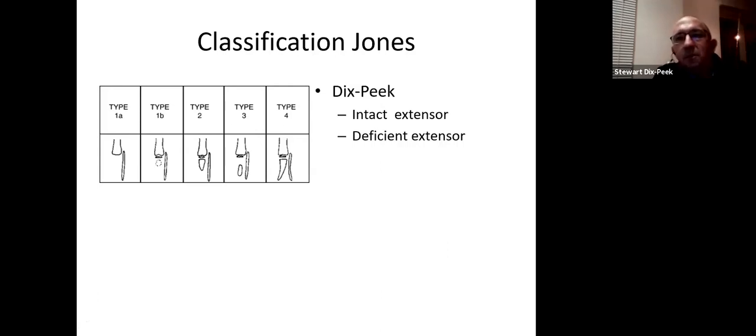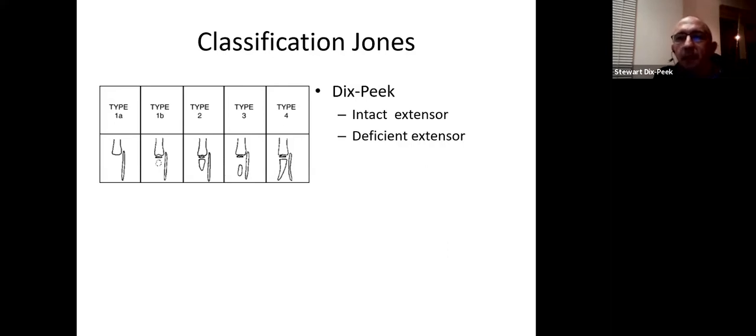And that starts to provide you a template for how we're going to treat this. Because if you do have an intact extensor mechanism, then most of us would agree that you need to be reconstructing an intact knee, a below-knee type amputation, or include the foot if you've got a viable foot and ankle platform.